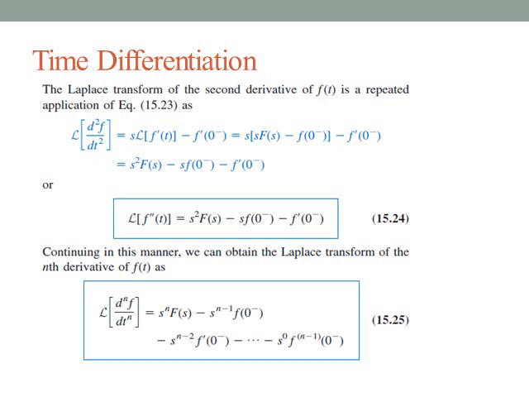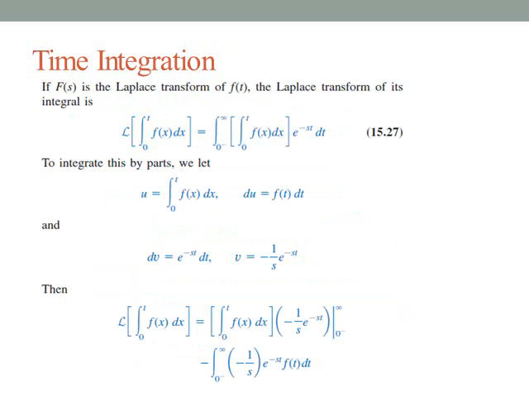So there is one major term, s raised to power n f of s, and then the initial conditions of all the previous derivatives multiplied with s raised to power n minus that degree of derivative, for example n minus 1, n minus 2, and so on.